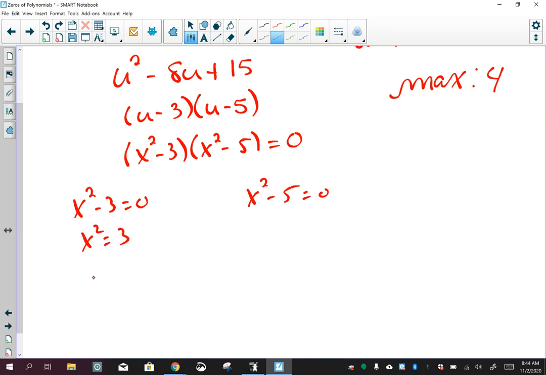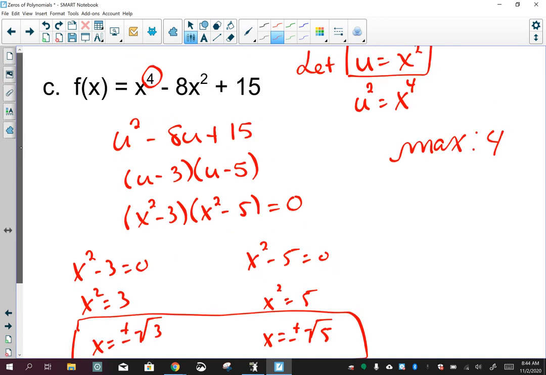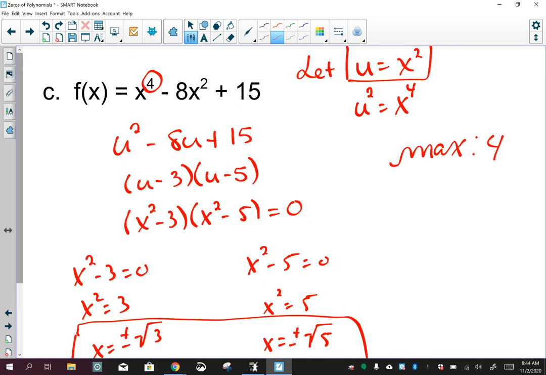When I take the square root, I get x equals plus or minus the square root of 3. The 5, the same thing: x squared is equal to 5, so when I take the square root, I get x is equal to plus or minus the square root of 5. And all 4 of these are my zeros for this specific problem. Okay?